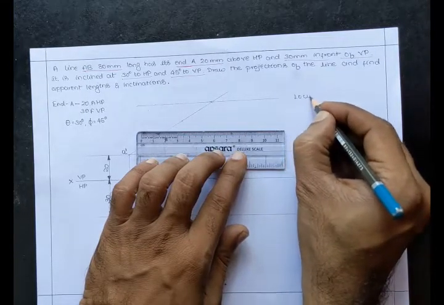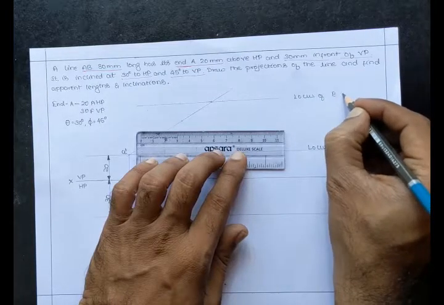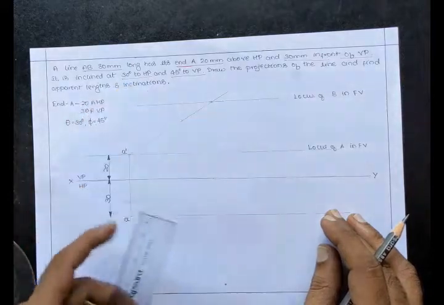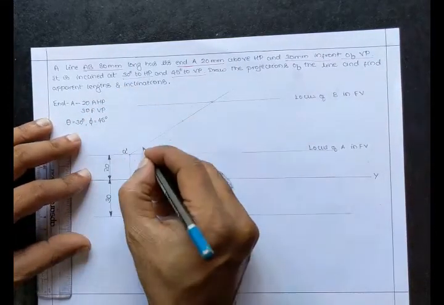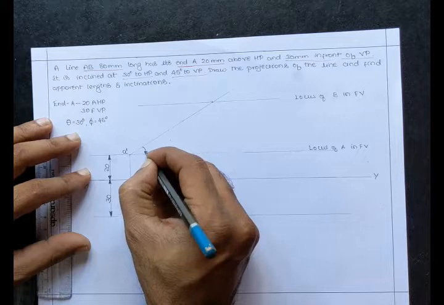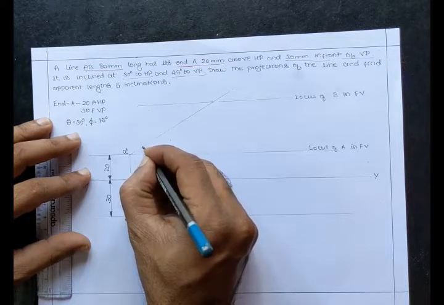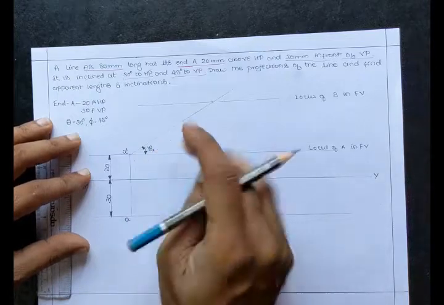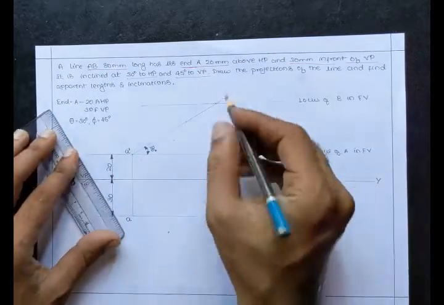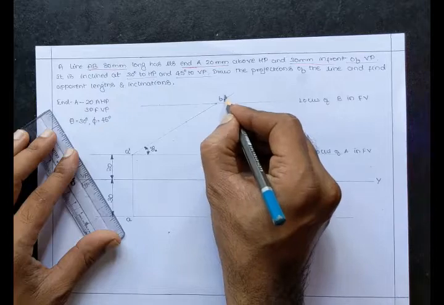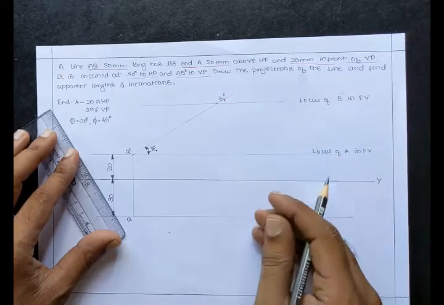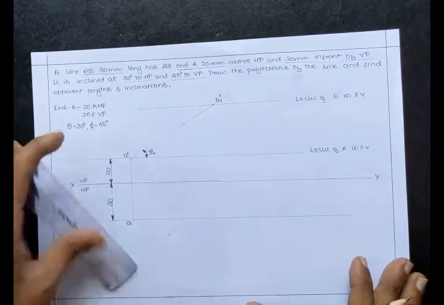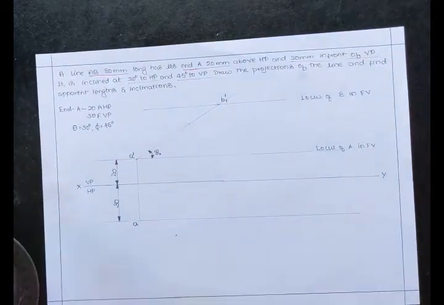Similarly here I write locus of B in front view. So I drew a 30 degree inclined line of length equal to 80 mm, and the true length end point I am going to name as B1 dash, because this is not the actual line which is visible. That is why I am making that one B1 dash.